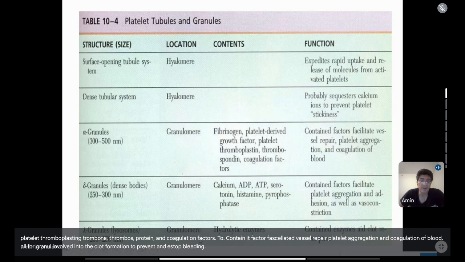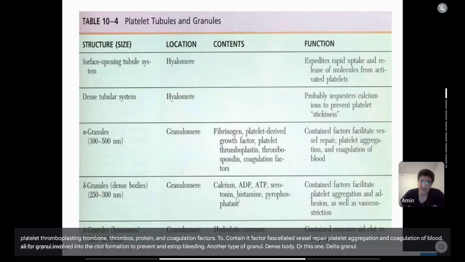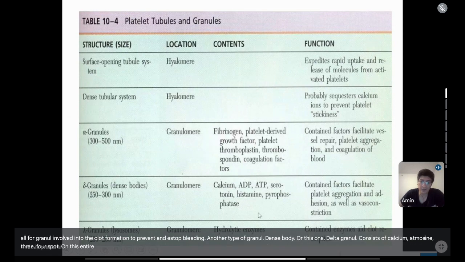And another type of granule, the dense body, or this one, the delta granule, consists of calcium, adenosine triphosphate, adenosine diphosphate, serotonin, histamine, and pyrophosphate. These contained factors facilitate platelet aggregation and adhesion, as well as vasoconstriction.